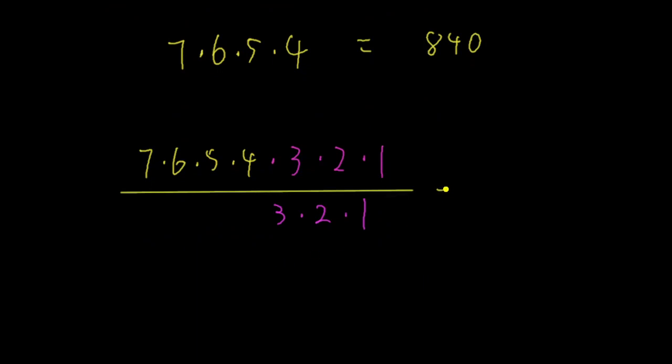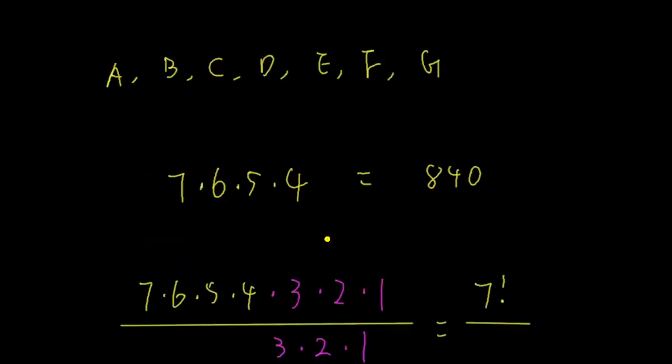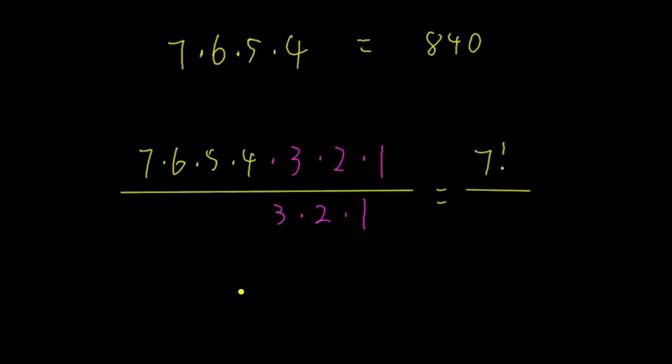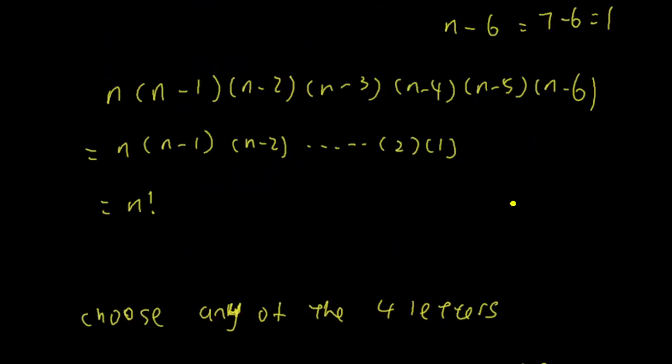So what do you see here? Well, the top is really 7 factorial. What is the denominator? Well, this is 3 times 2 times 1, so you can see that it follows the format of this. Then this is just 3 factorial. So 7 factorial divided by 3 factorial. How do we get this number 3? Well, we can use the letter n to represent 7, based on what we talked about here.